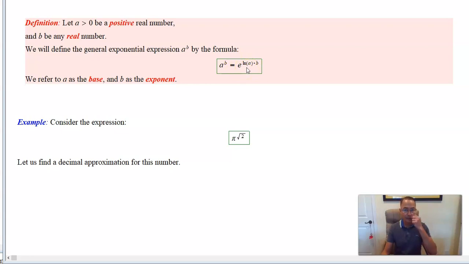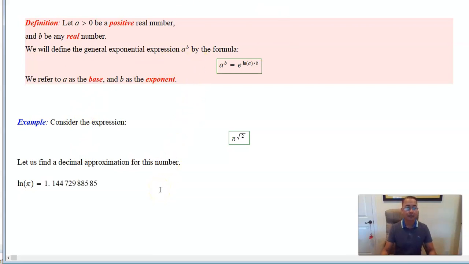Let's take a look at pi to the square root of 2, a different expression from what we had last time. According to our definition, we have this meaning for a to the b. We want to find the decimal approximation for this number, just like we did for 5 to the pi. The instruction says, first get ln of the base, ln of pi. You can do this on your calculator, and we'll get about that much.